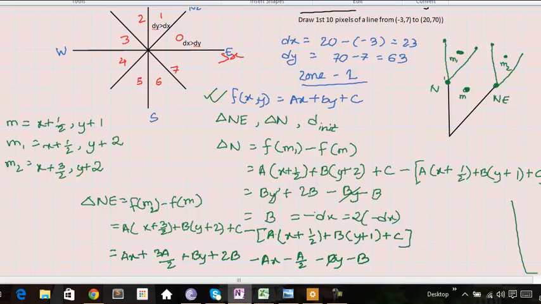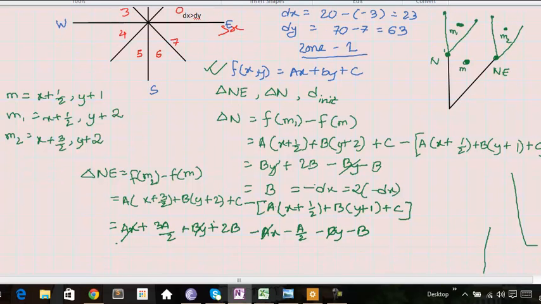So by gets cancelled, ax gets cancelled, and what's left is 3a by 2 minus a by 2, which is a, plus b. So a is dy and b is minus dx. When you multiply it with 2, you get 2 dy minus 2 dx. Alright, now let's find the initial decision variable, which is d init.